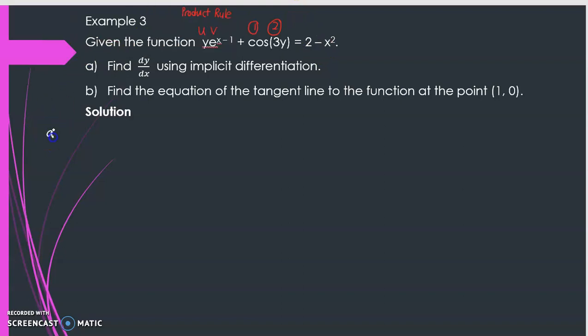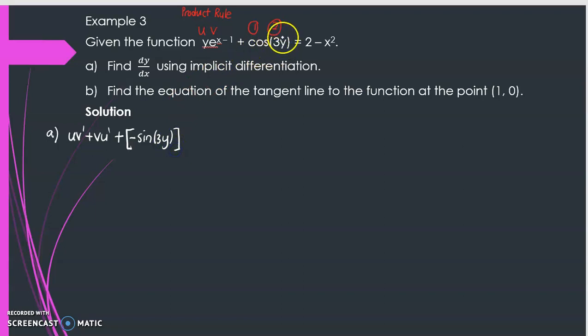So here is A. This is the product rule. In our first part, we use the product rule, u v prime plus v u prime. Plus, first differentiate cos, I should have a negative sign and then sin 3y.